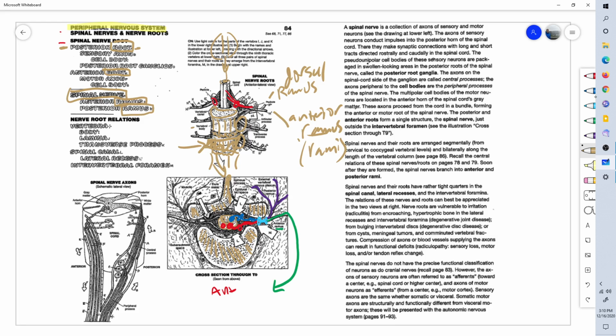So, the posterior root is in blue here, and the posterior right here. Posterior root. The anterior root is what I've diagrammed in red.